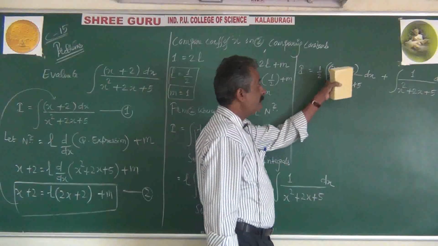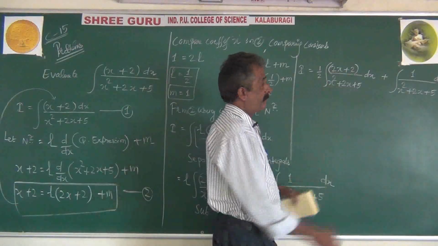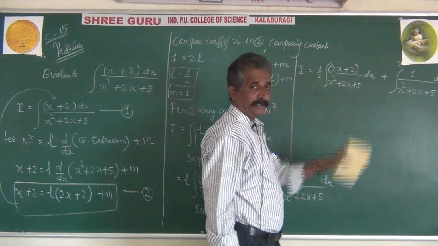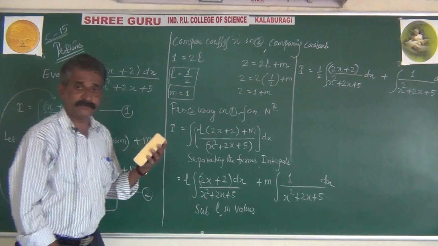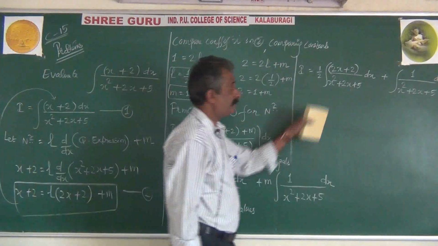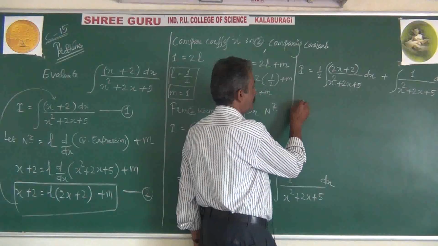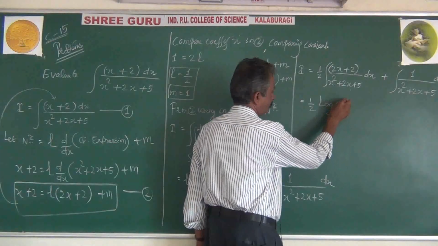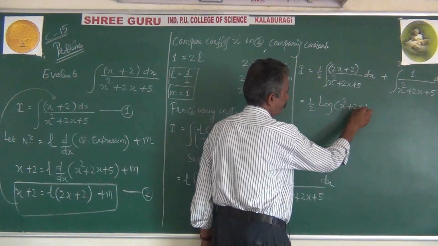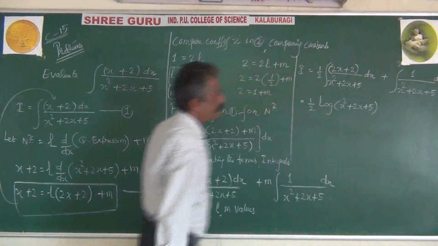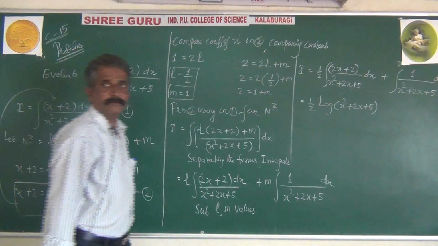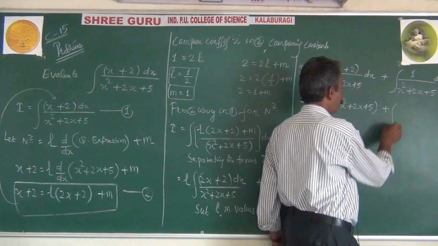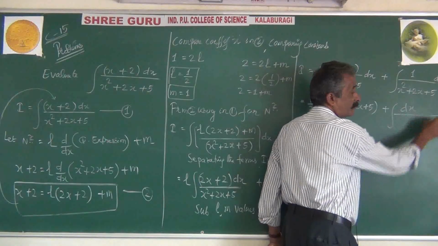This is in the form, see the format: this is f dash x, this is f of x. So the first one is exactly in the form of integration of f dash x by f of x, whose answer is log of f of x, means 1 by 2 log of x square plus 2x plus 5. Whereas here we need to apply the method of completing the square, that is type 4 problems, not a new one.